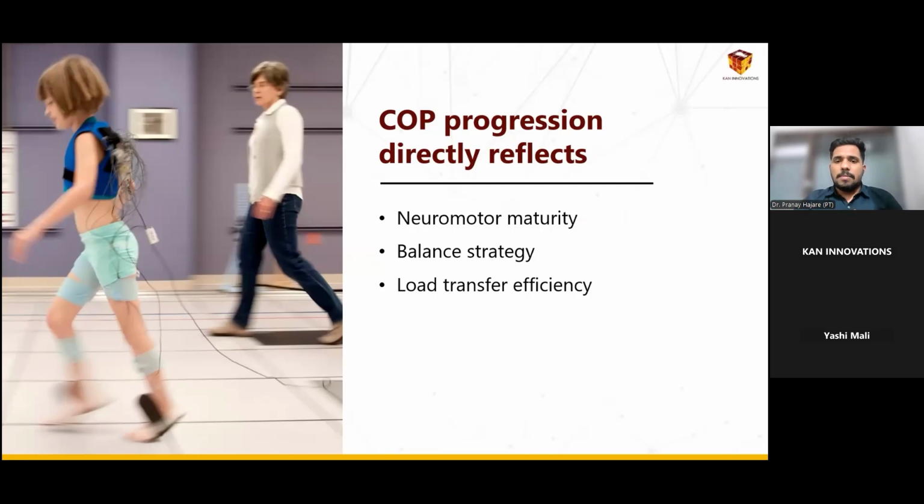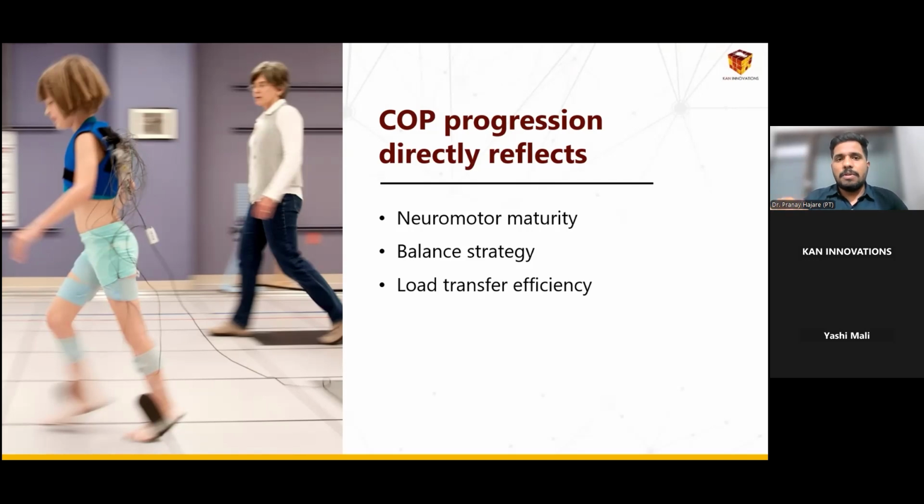So here comes the major rule. A smooth heel-to-toe COP path shows well-developed motor control. An irregular or zigzag or underdeveloped forward progression suggests an immature or impaired motor plan, which is most common in cerebral palsy and developmental delay patients.